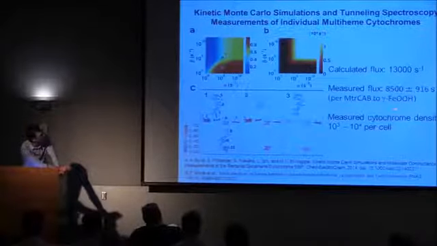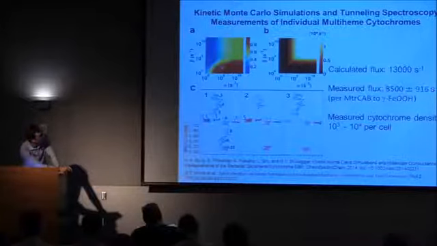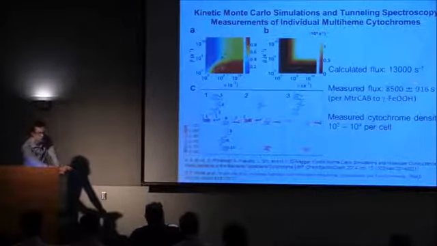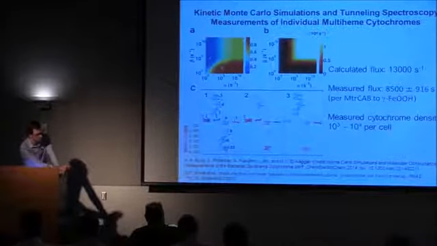From the experimental measurements that the group at the University of East Anglia have done on proteoliposomes, they have shown that the electron transfer rate per MtrCAB complex is, again, in the order of 10,000 electrons per second. So that's the upper limit for each cytochrome.